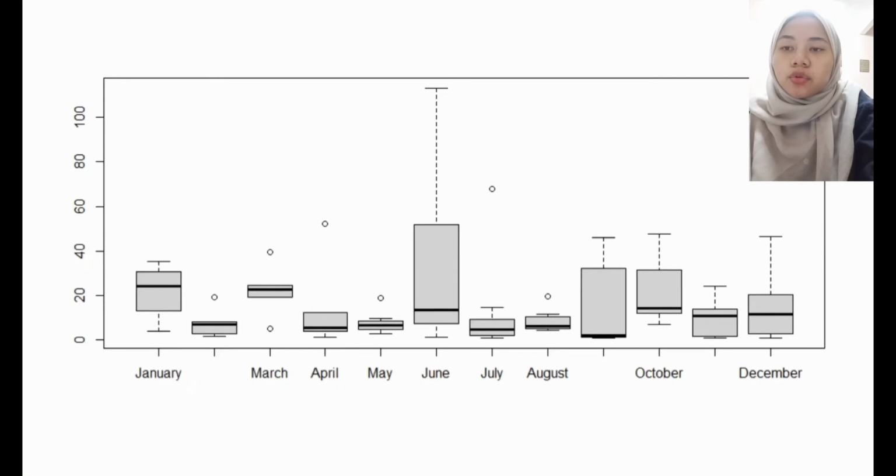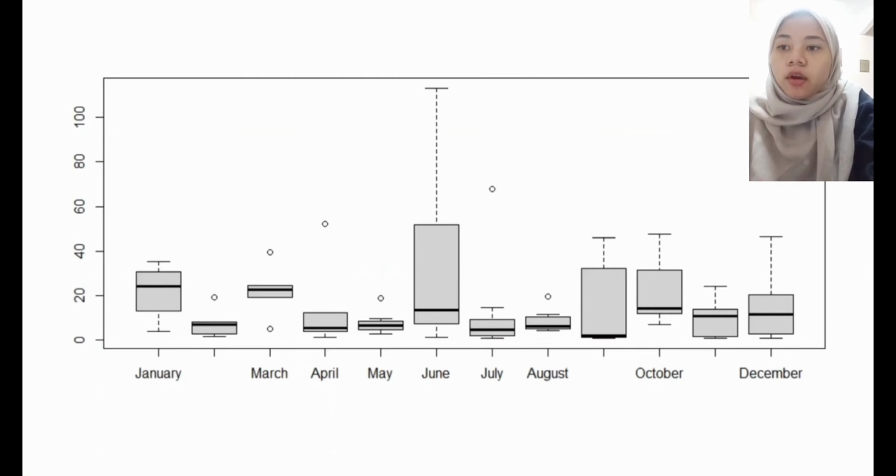So, we can also identify the skewness of the shape of distribution by plotting the box plot. From table 2, I decided to plot a box plot, so we can identify the skewness for each month, January to December.